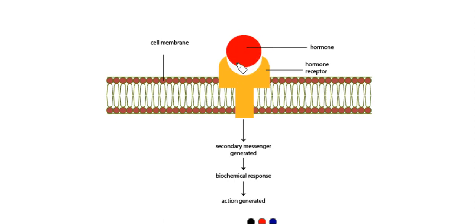So this hormone can only fit into its specific receptors. It cannot fit into any other receptor. So it does not go and fit into just any receptor. It flows with the blood and comes to the receptor which can fit it. It fits into that receptor and generates an action. So this is how these hormones actually interact with the target organ.